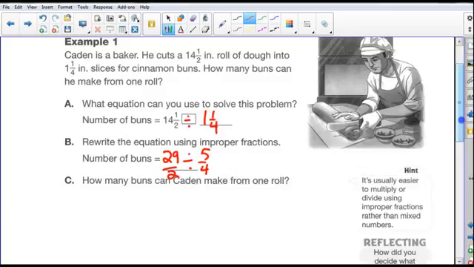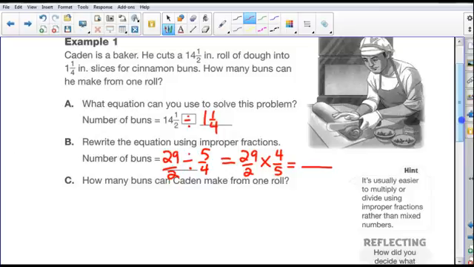How do we do that? Well, that's the same as 29 over 2 times the reciprocal of 5/4, which is 4/5. Okay? So we know that when we're multiplying fractions, we multiply the top, we multiply the bottom.